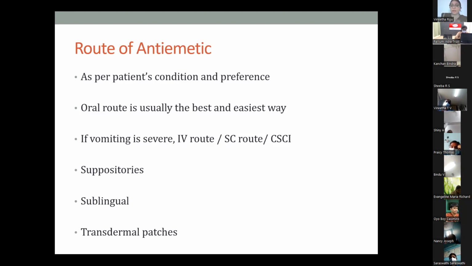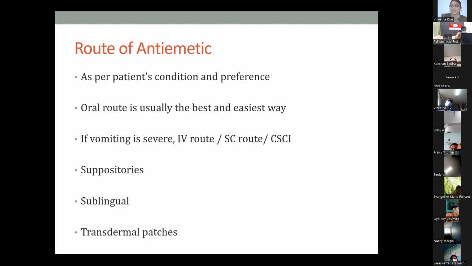Now, there are also antiemetics available as suppositories, that can also be tried. Sublingual: there are ondansetron sublingual small patches available, which can be placed on the tongue or in the oral cavity, and it just melts off.